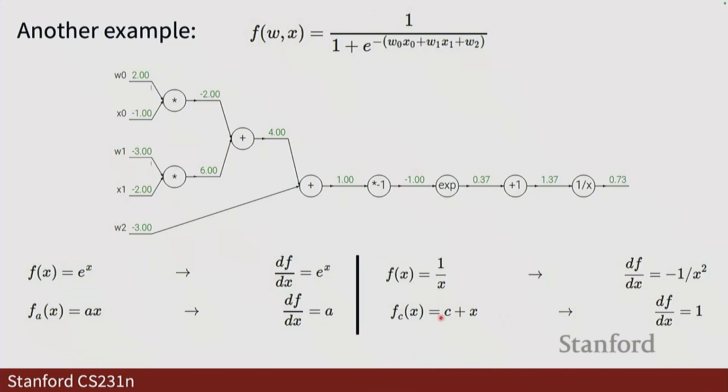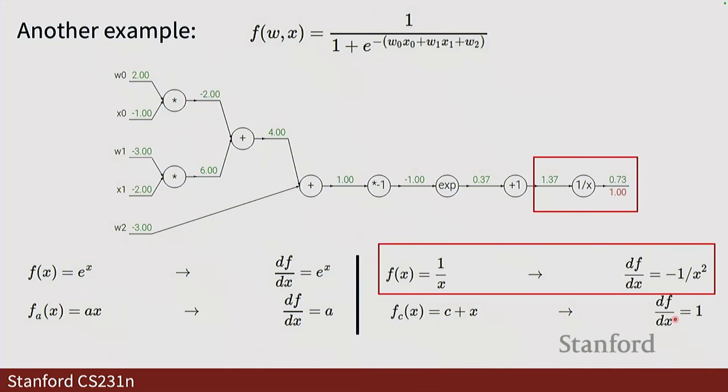These are, again, what we know from algebra. And if it's a constant addition, the derivative is always equal to 1. As I said, always in the very beginning, at the end of the network, the derivative of L with respect to L is always equal to 1. So that's where we start.